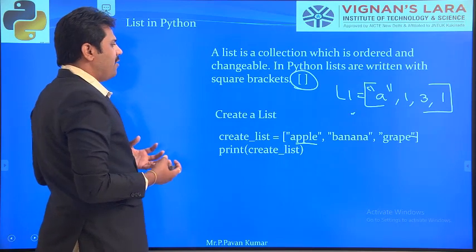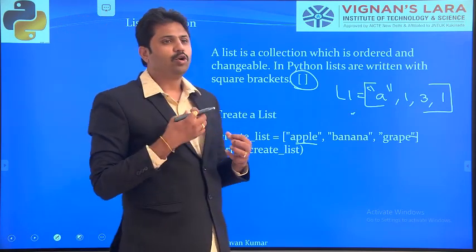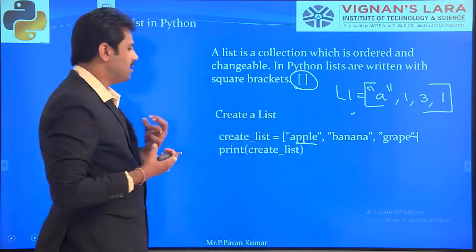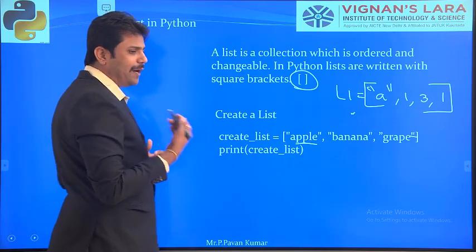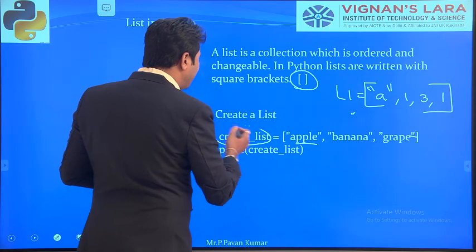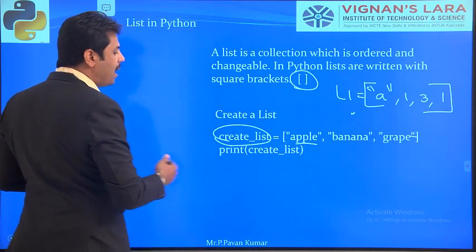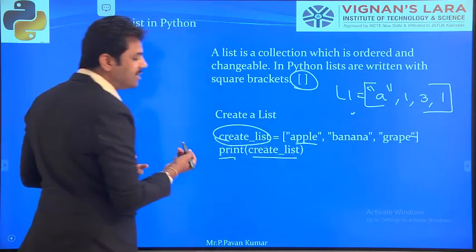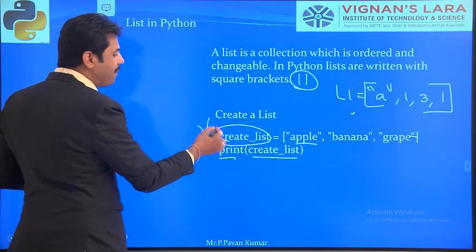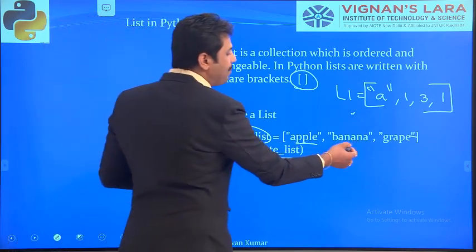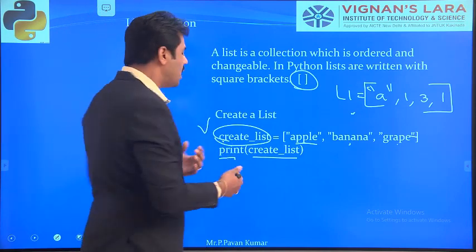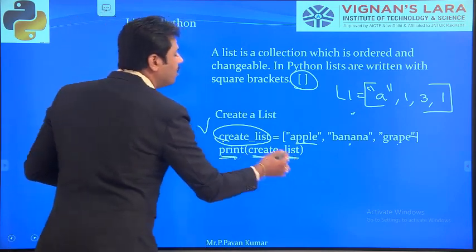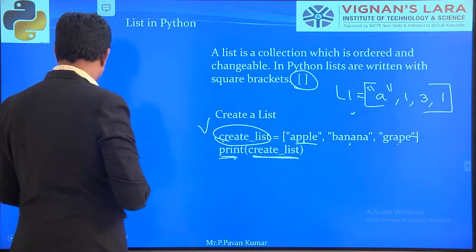So this is the basic syntax to create a simple list. If you want to print that list, you simply call that list name. In this example, I have a list named create list which contains apple, banana and grape. If I want to print that list, I simply use print create list. Next one.